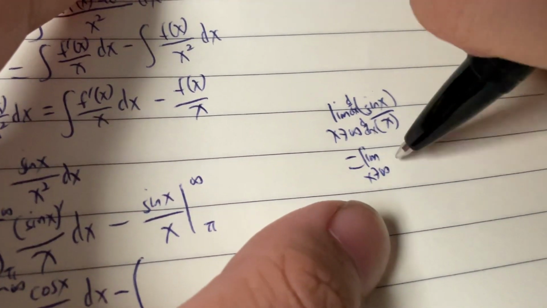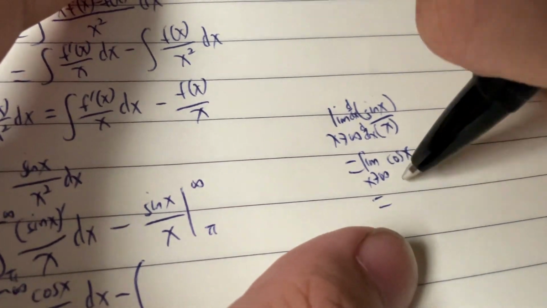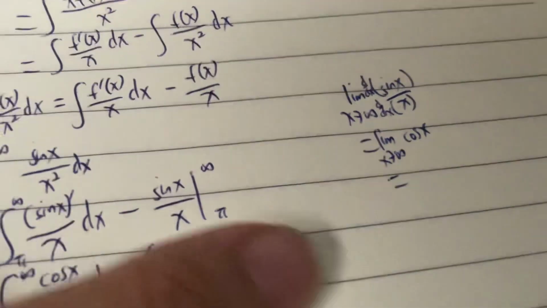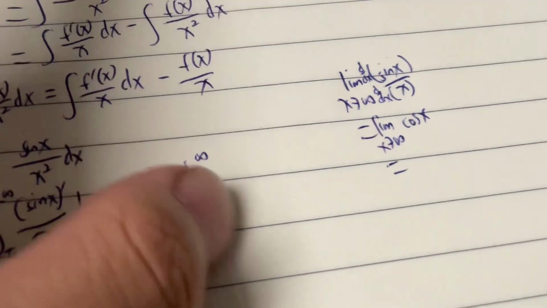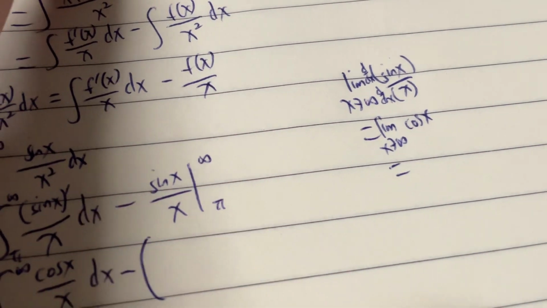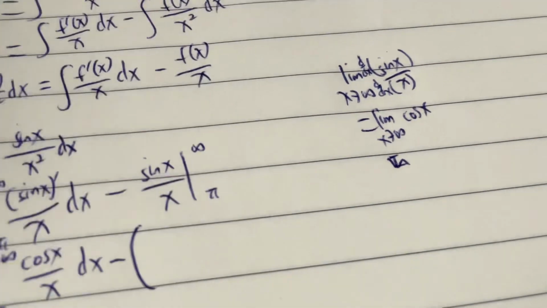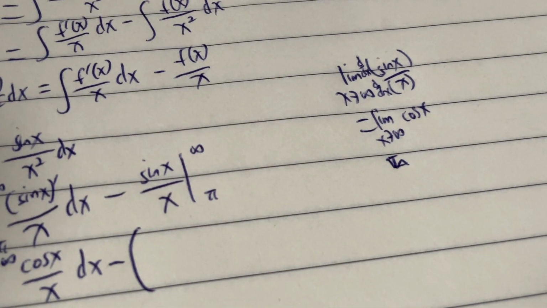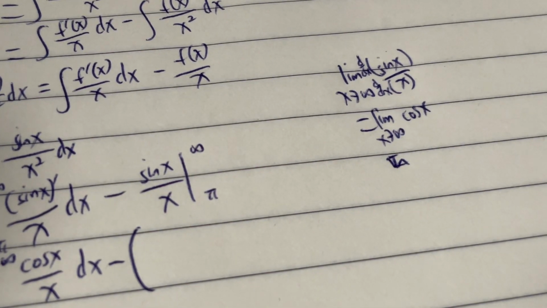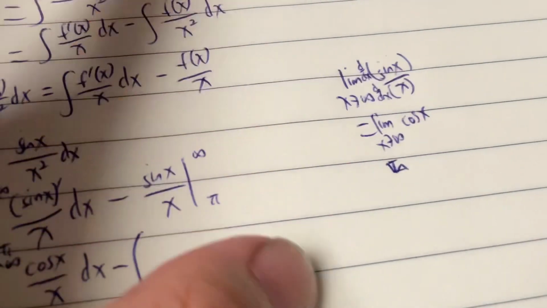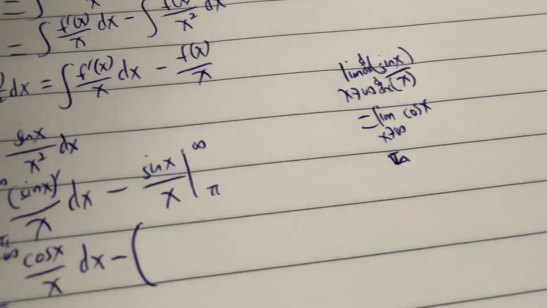Limit as x approaches infinity of cosine x like that. So cosine infinity is still an indeterminate form. So we don't have any function left, right? So does this mean this limit does not exist? The answer is no. You cannot use the last video rule on sin x over x.